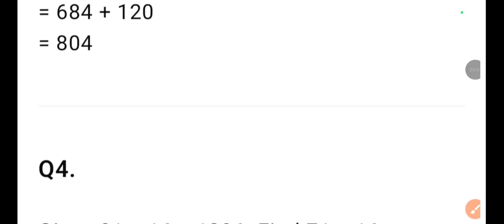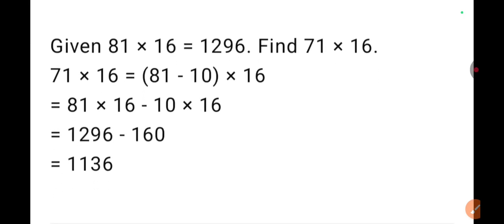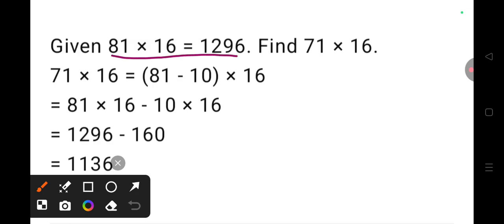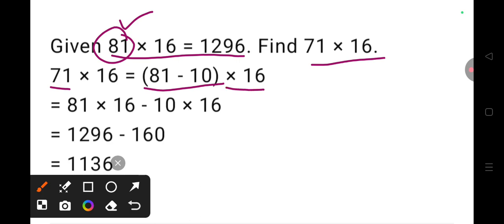Now the next is 81 into 16, which is given to be 1296. Now using this we need to find out 71 into 16. How can we write 71 in terms of 81? This can be written as 81 minus 10 into 16 as it is. Make sure you write 71 in terms of 81. Now you have to use your own mind to see how we can write it like this.